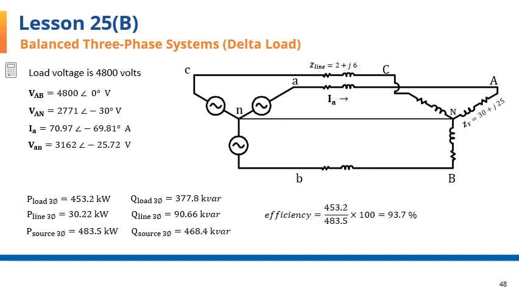Efficiency equals the load power over the source power times 100, which comes to 93.7%. I've used the three-phase powers, but we could have also used the single-phase powers because they're proportional, so the answer would be the same.